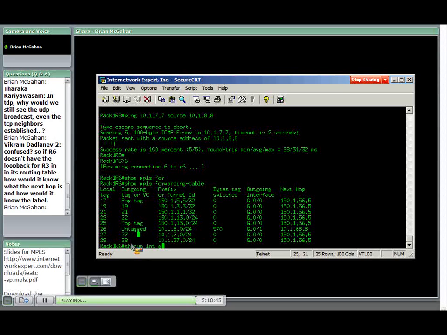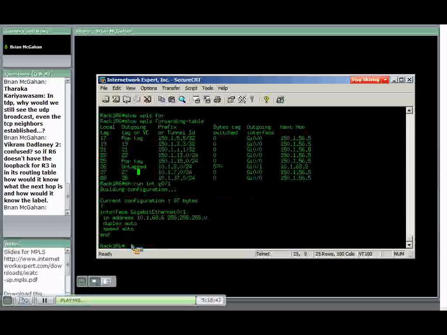Okay, so now we see we have an end-to-end path through the network there. So from router 8, we should have reachability to router 7, okay, which we do.